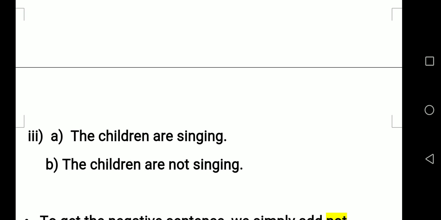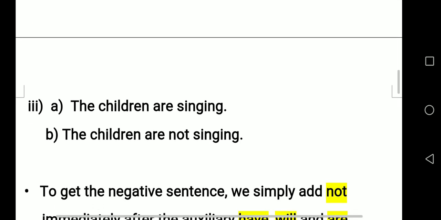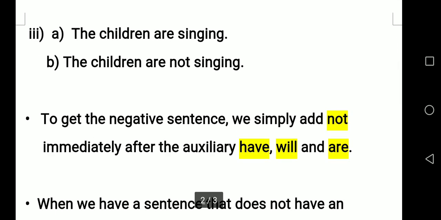So not comes immediately after the auxiliary verbs have, will, are. We can change any sentence which has an auxiliary into a negative sentence in this way by putting not immediately after the auxiliary.